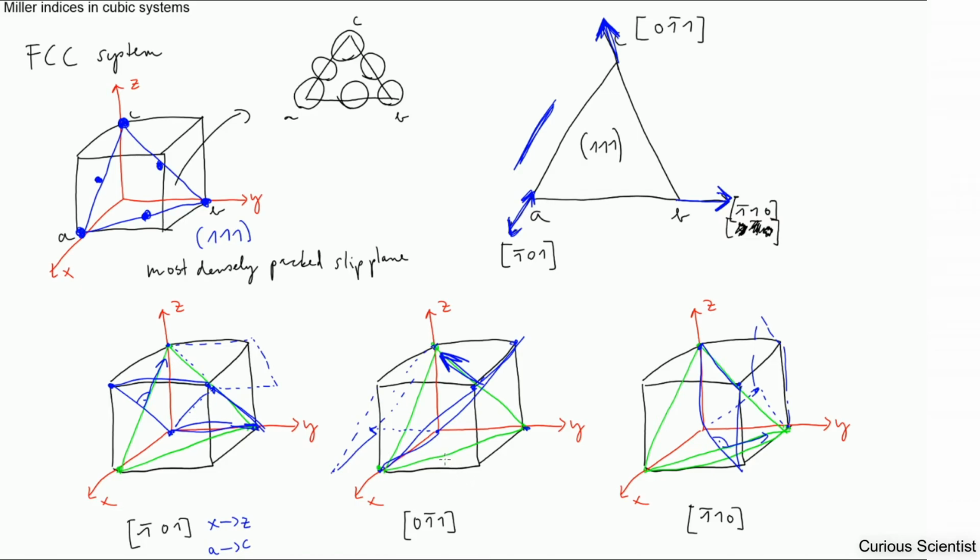And then on the other, we have 1, 1, 1 plane, and then 0, -1, 1. So therefore we will get the normal of this plane parallel to the y to the z, which is the same as b to the c. So basically this line, or this edge of the triangle here. And then in the last example we have -1, 1, 0.